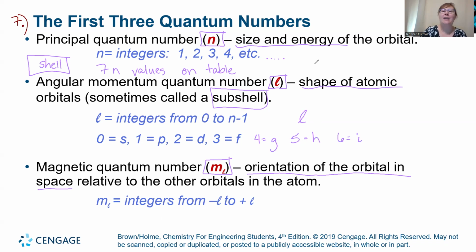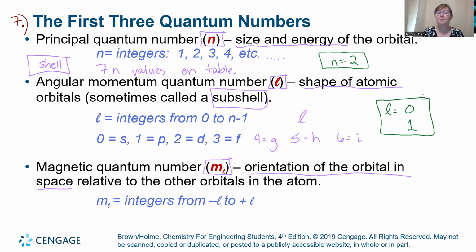If n was 2, let's say that n is 2. I'm just grabbing a value here. Now, l are integers from 0 to n minus 1. n minus 1 in this case is 1. So you have two l values for this. You have 0 and you have 1 when n is equal to 2.